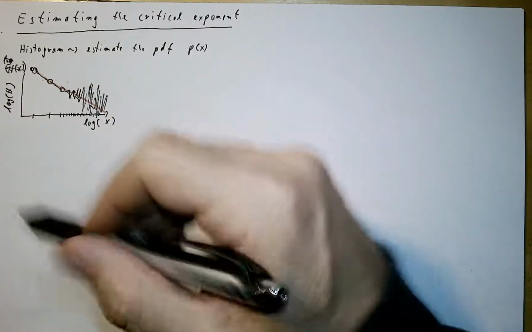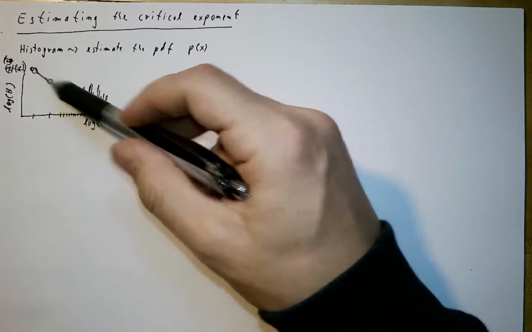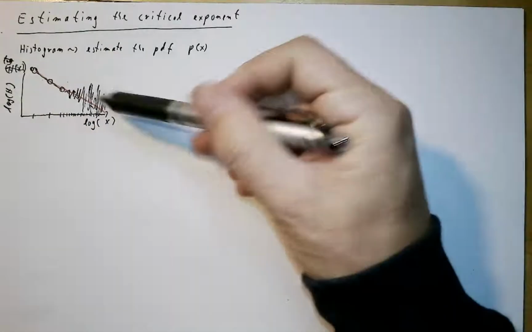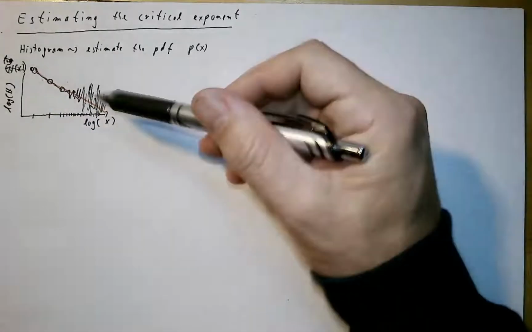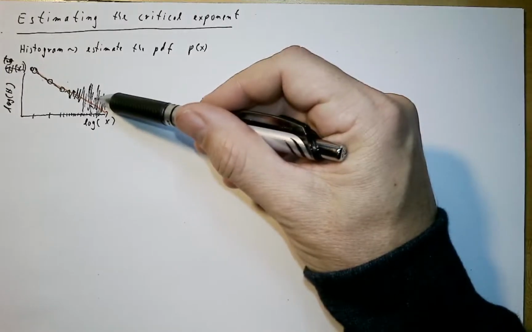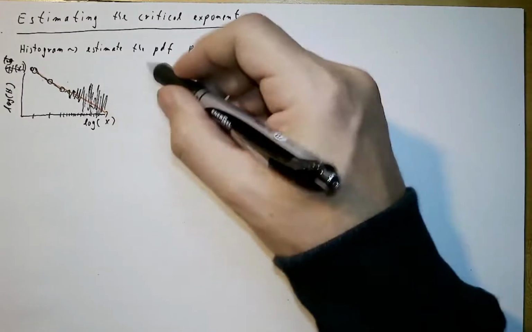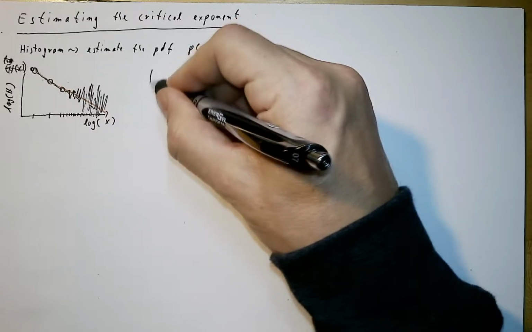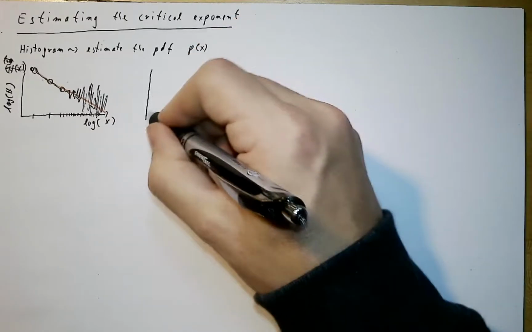Still, in the literature we occasionally see this kind of histogram, which means it was poorly done. What people should have done is make bins which are logarithmically spaced.